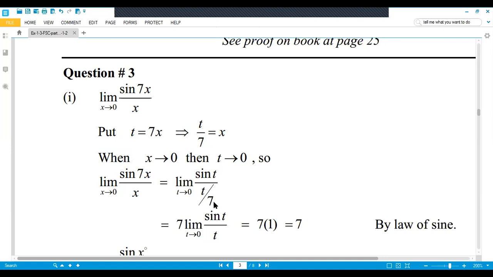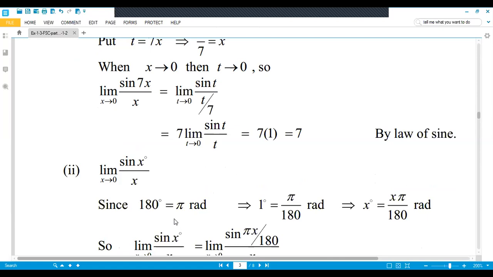If something is in the denominator, it will come in the numerator. Limit t approaches 0, 7 sine t over t. Now theta and the denominator are the same, so by law of sine this should be equal to 1. So 7 into 1, 7 we get.